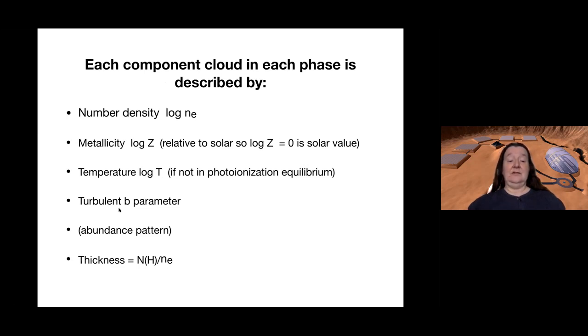The line is shaped by the turbulent b parameter as well as the temperature. And then, of course, the abundance pattern, which is beyond the scope of what I'm doing here today.